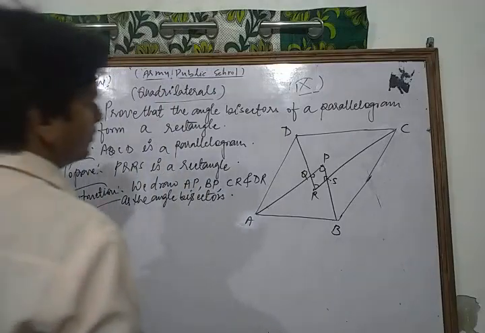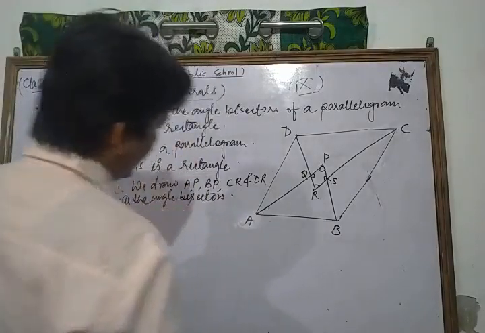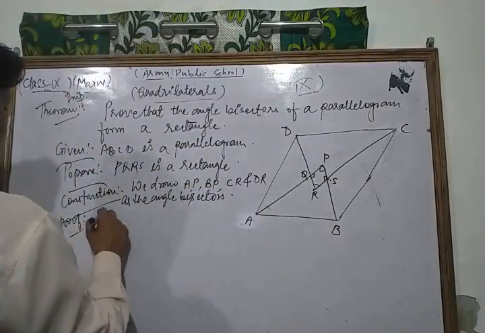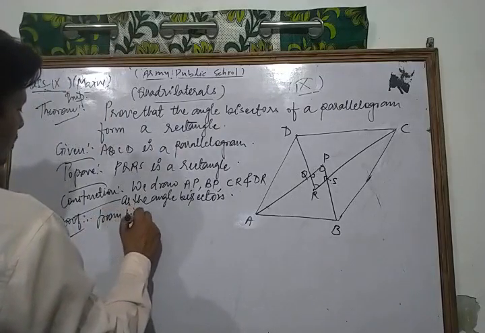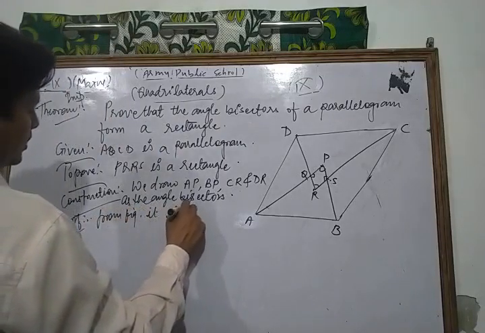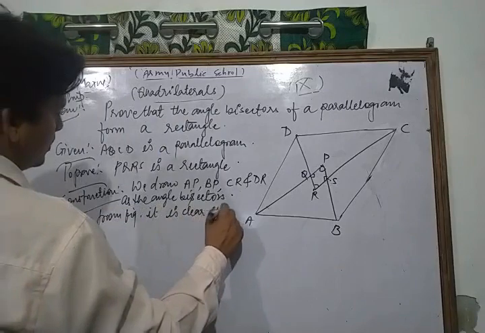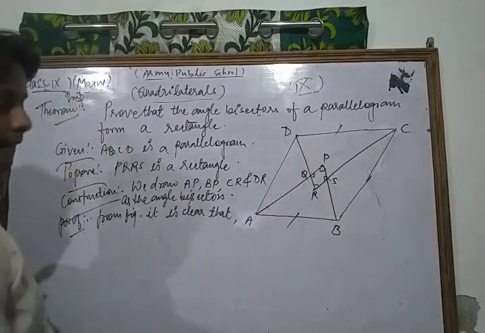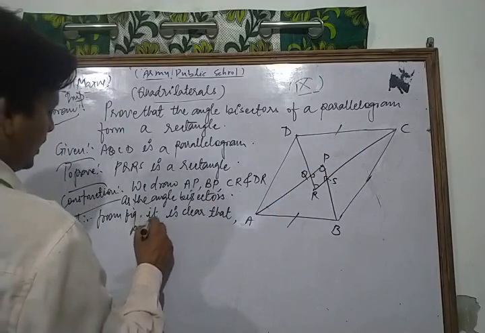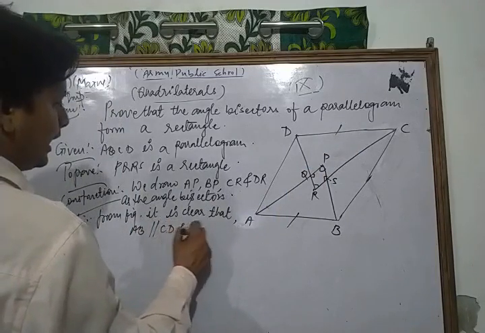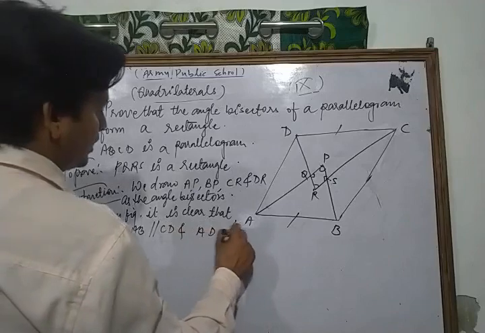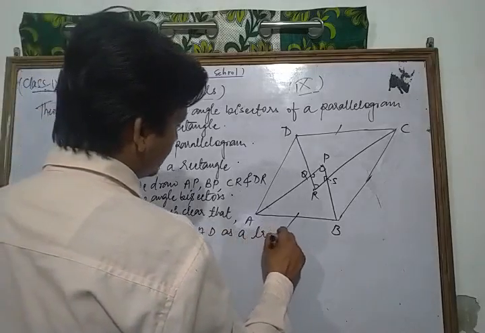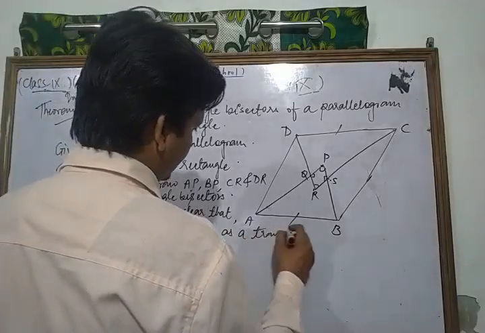Now let's see. From the figure, it is clear that AB is parallel to CD and AD is a transversal.